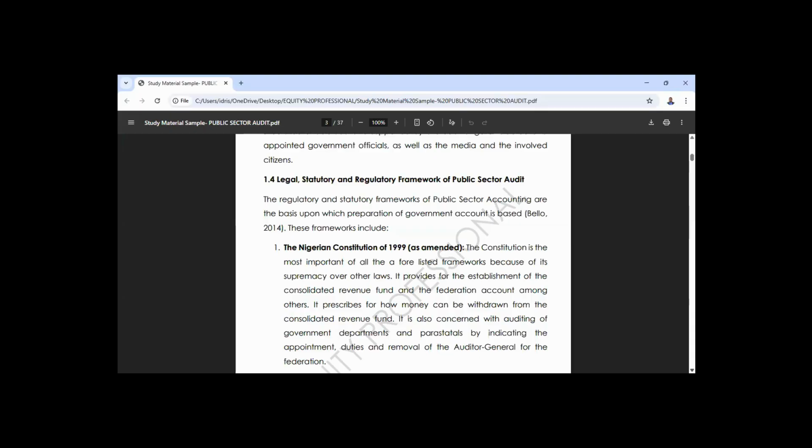Under the Nigeria Constitution of 1999, we talk about how we remove funds from the Consolidated Revenue Fund. It is stated in the Constitution. The responsibilities, duties, appointment, and removal of the Auditor General are also stated in the Constitution. So the Nigeria Constitution of 1999 is one of the legal and statutory frameworks of public sector audits.